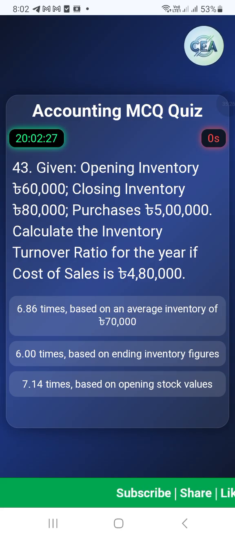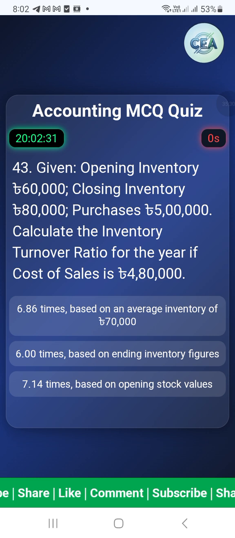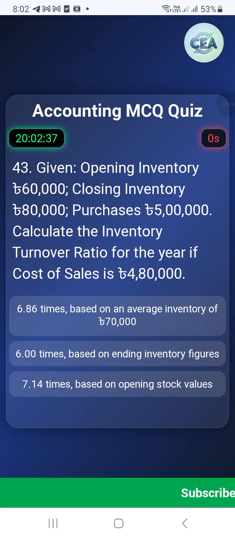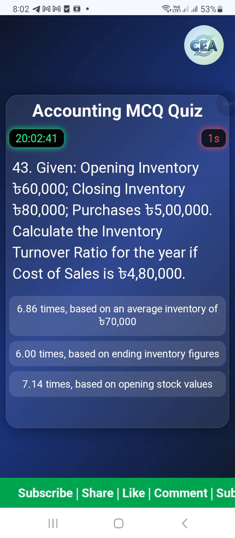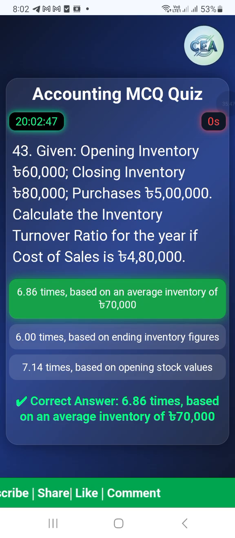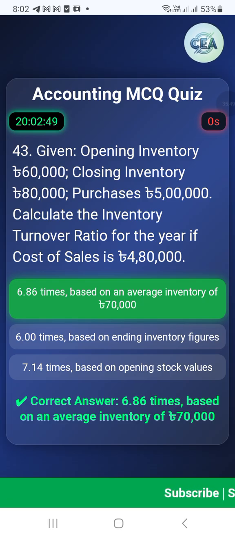Option 2. 6.00 times, based on ending inventory figures. Option 3. 7.14 times, based on opening stock values. Correct answer is 6.86 times, based on an average inventory of 70,000 takas.